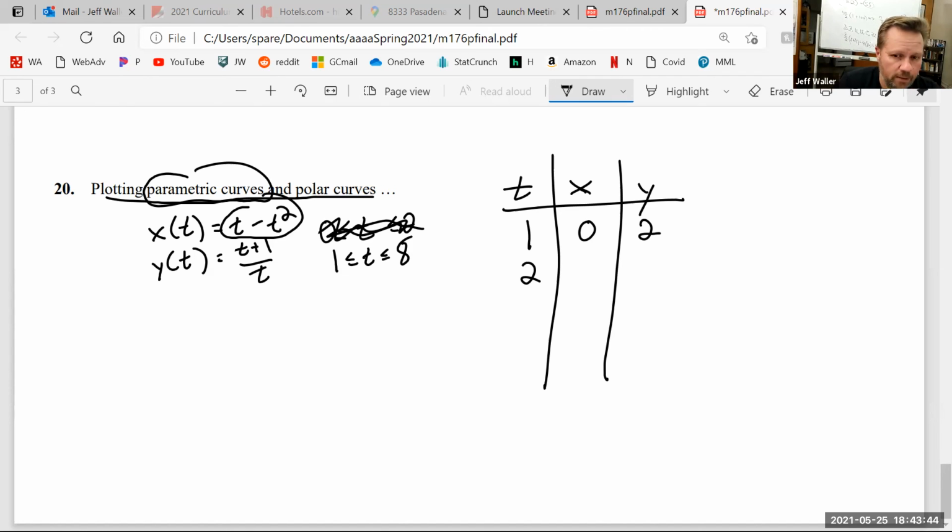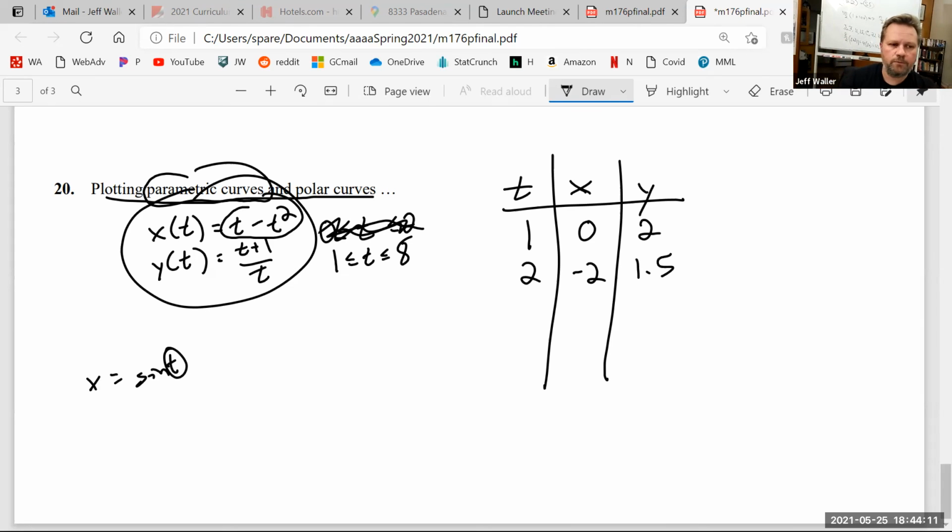Not necessarily. Were there any trig functions here? No. I could have a parametric equation defined in terms of trig functions, in which case I'm looking at my inputs as angles. That's not how this is defined. So 2 minus 4 is -2, and 2 plus 1 divided by 2 is 1.5.